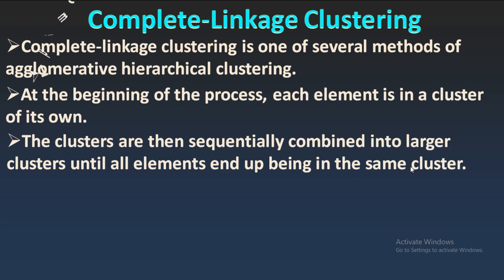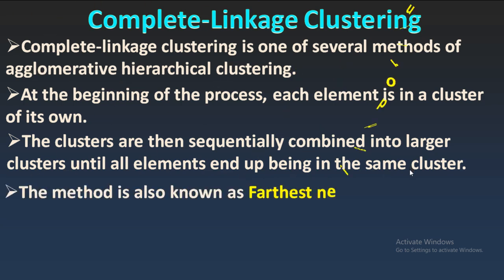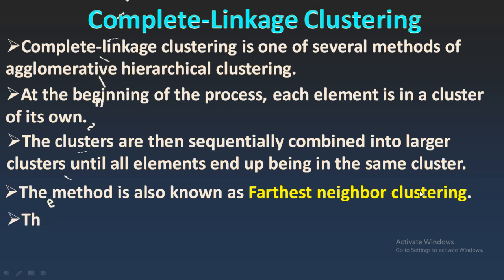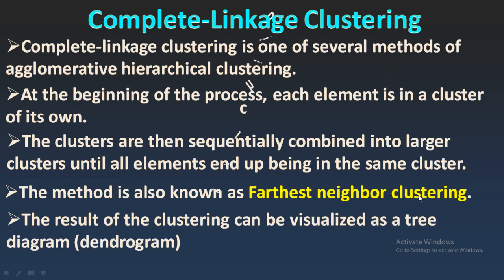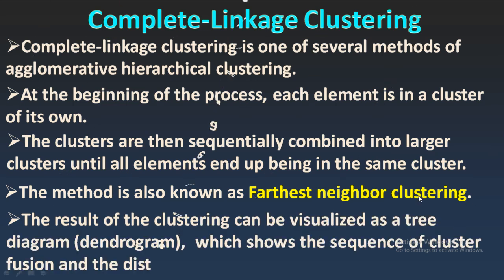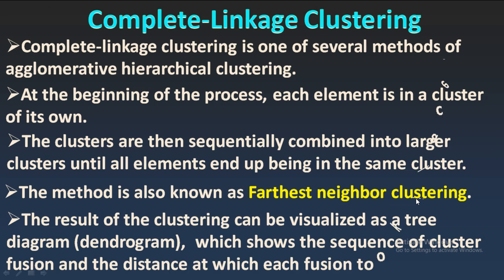The method is also known as farthest neighbor clustering. The result of the clustering can be visualized as a tree diagram called dendrogram, which shows the sequence of cluster fusion and the distance at which each fusion took place.